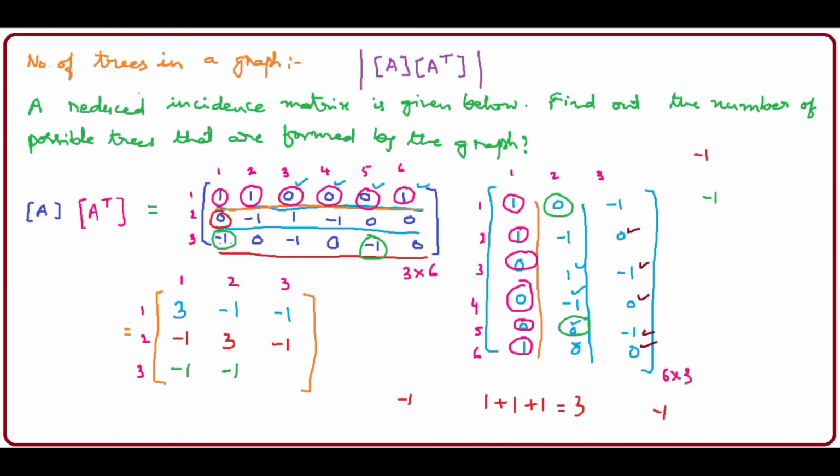And the next one, minus 1 into minus 1 is plus 1, 0 into 0 is 0, minus 1 into minus 1 is plus 1, and 0 into 0 is 0, and minus 1 into minus 1 is plus 1. And 0 into 0 is 0, so this value will be 3. So this is the matrix we have obtained. So now our job is to find the det of this matrix.